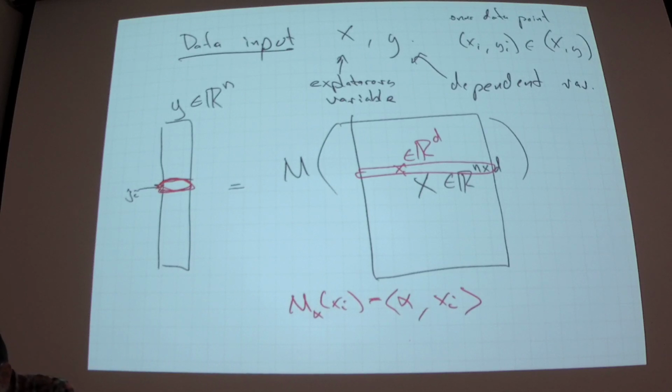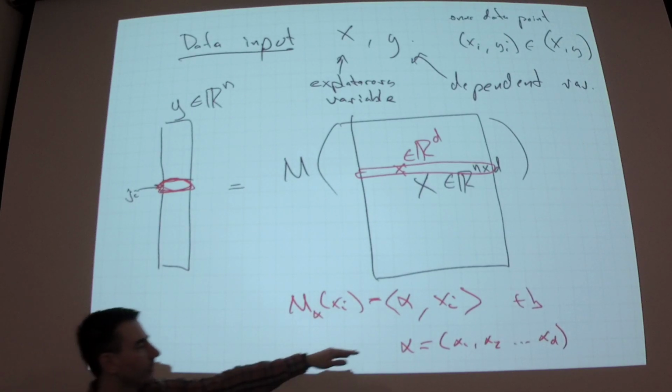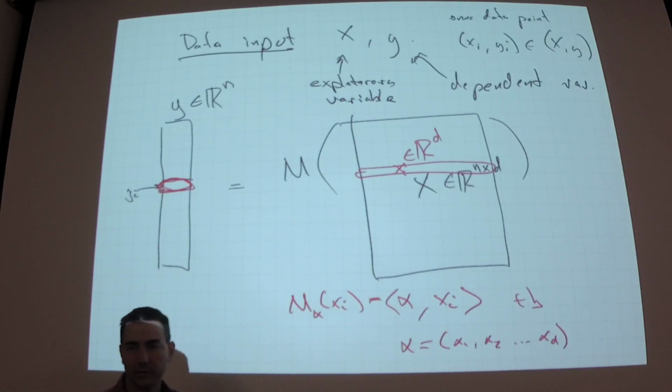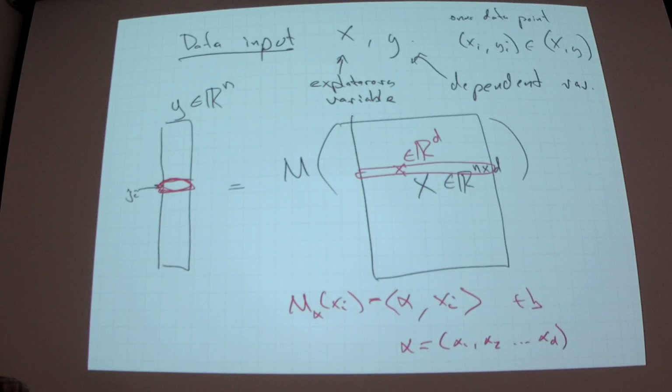And so alpha is then going to be alpha 1, alpha 2, up to alpha d. Okay, and sometimes you also carry some offset parameter. You can have a constant here, which is part of your model, or you can fold that into here. Okay, so we'll come back to this.